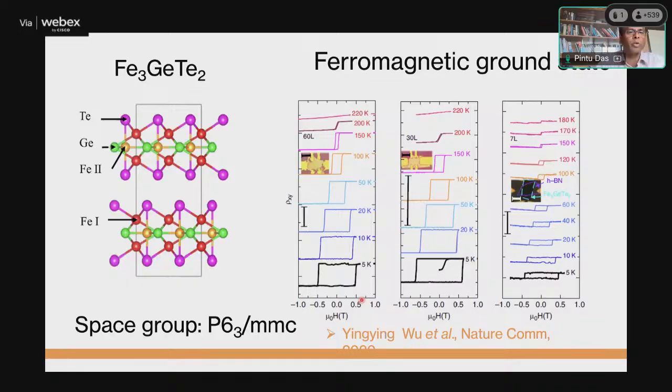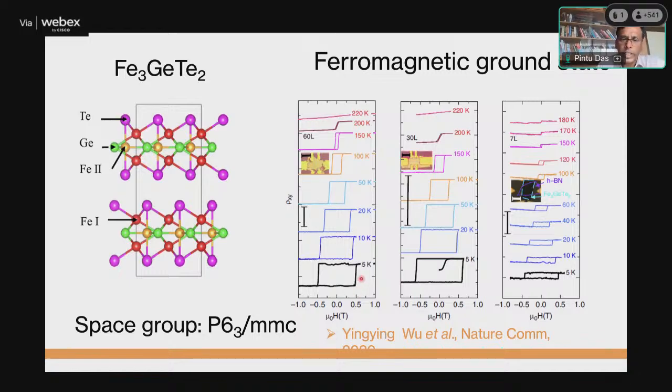I'm just talking about one particular system here, the iron 3 germanium telluride system. This is its space group, and in 2020 this group first reported that the iron germanium telluride system shows signatures of ferromagnetism.